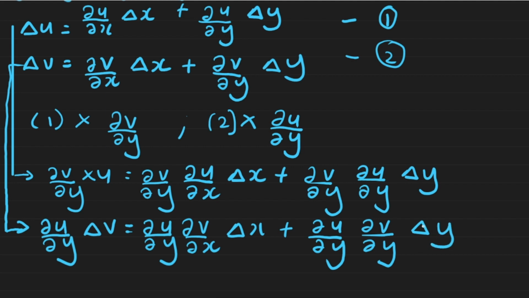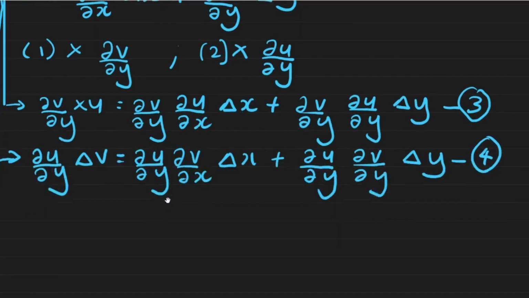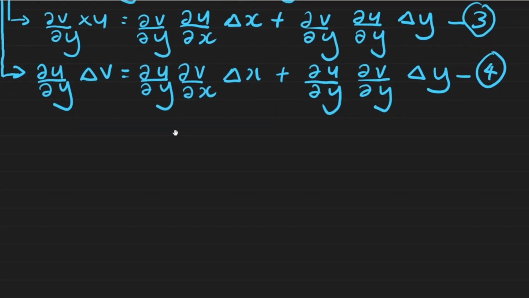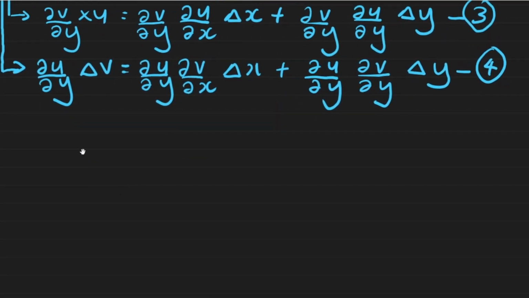So the next thing we're going to do is subtract these equations. Let's call these equation 3 and equation 4. We're going to take equation 3 and subtract it from equation 4.